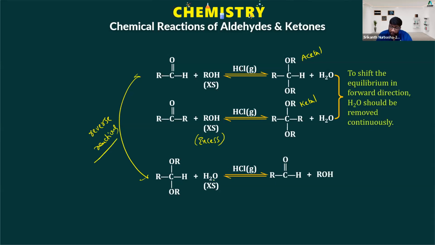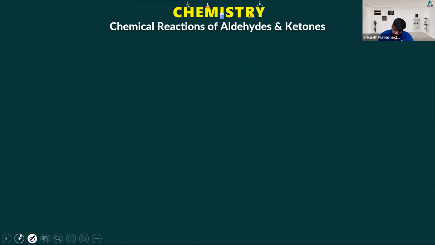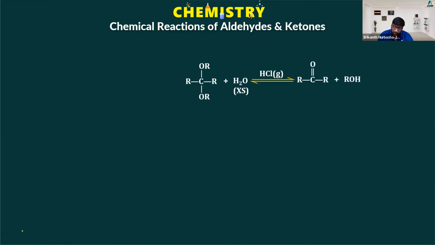If I take excess H2O, I get the aldehyde and alcohol back. If I take excess alcohol and remove the water, I get the forward reaction greatly. Similarly, for a ketal with excess water, I'll get the ketone and alcohol back.